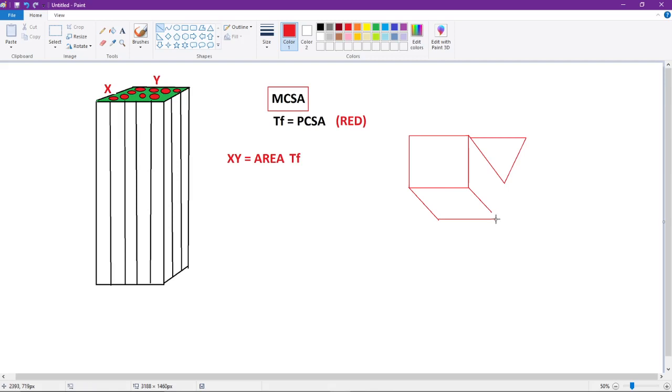So it will be just like this. I am just drawing a Y-shaped structure. So this is the pinnate muscle.